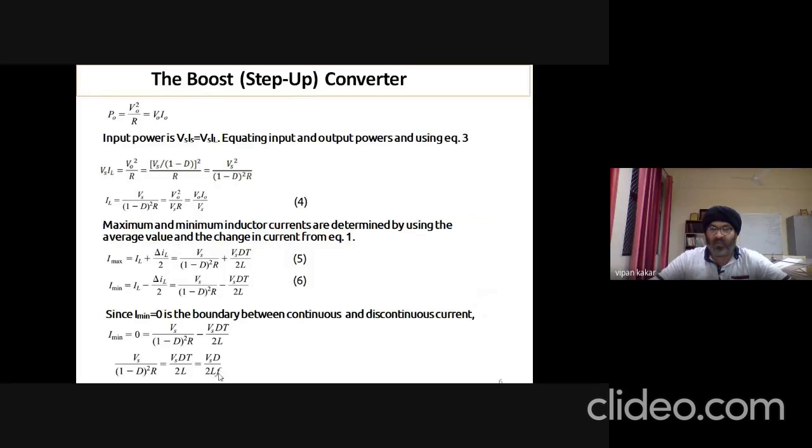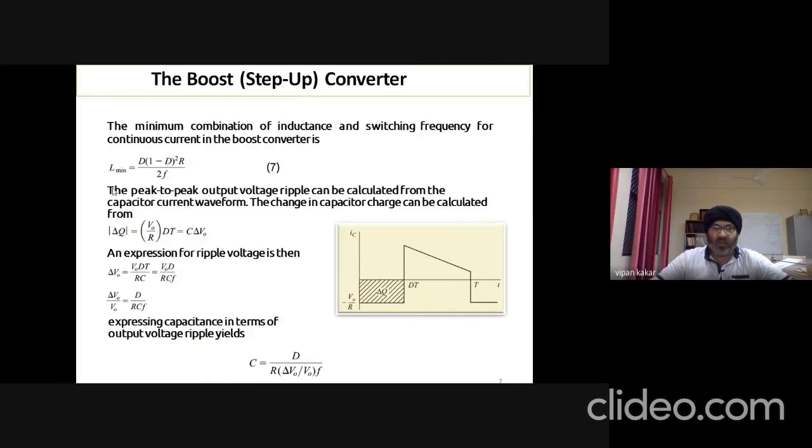This L and F, inductance and switching frequency F. So using that, we can easily find the minimum value of inductance equal to this, just by using the previous equations.